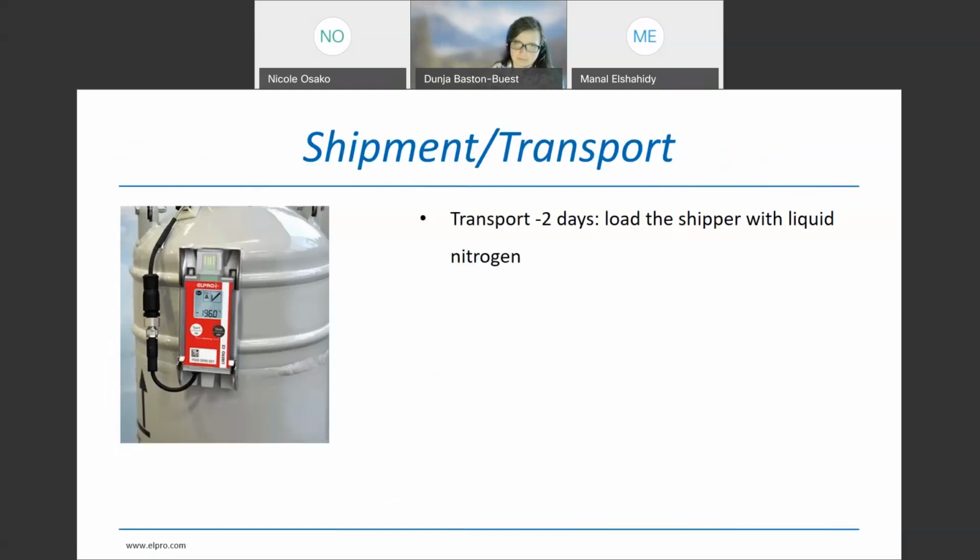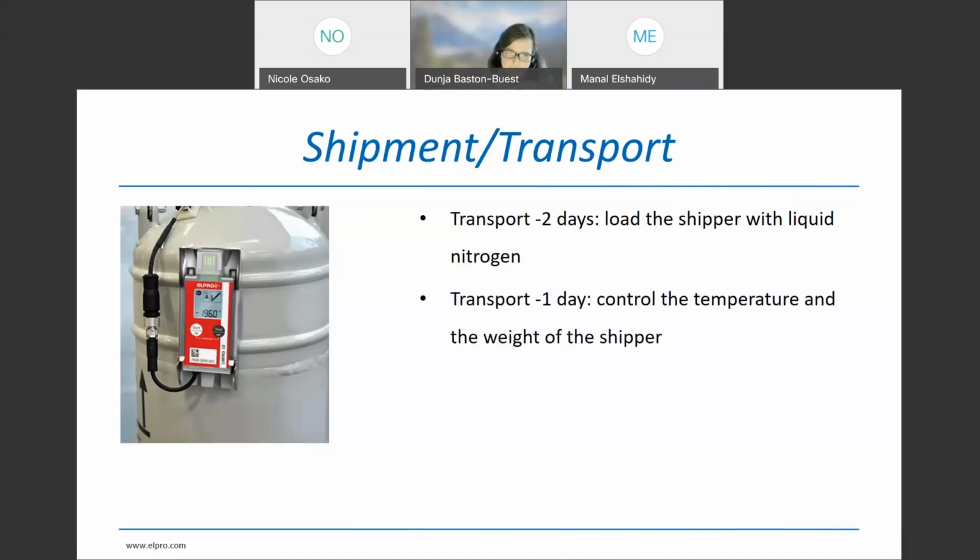So how do we perform this procedure? If we got a transport and now we are 2 days before the transport, we start loading the shipper in case it's not done before. Transport day minus 1, then we are going to control the temperature and the weight of the shipper again.